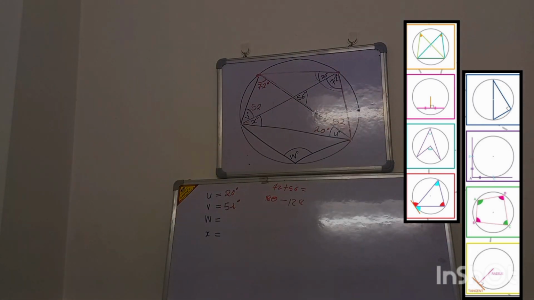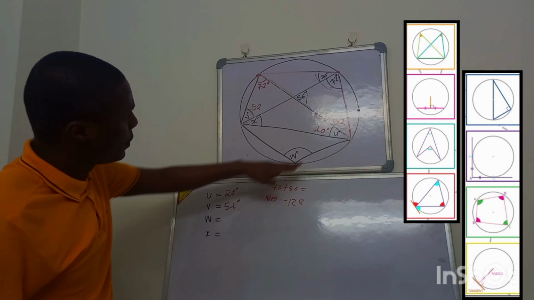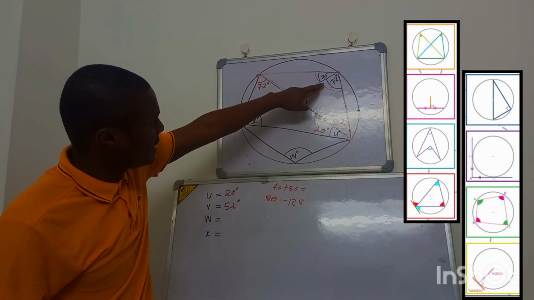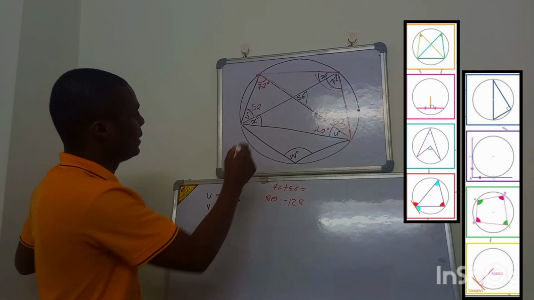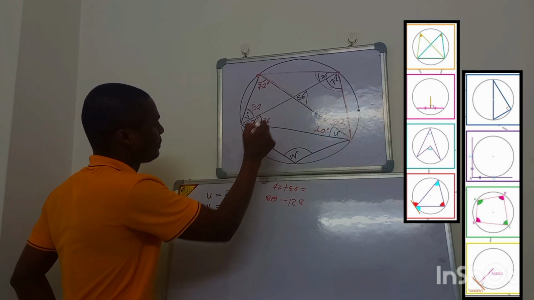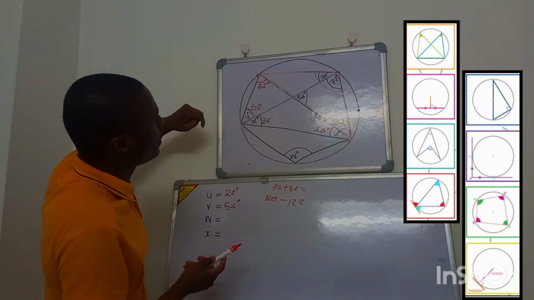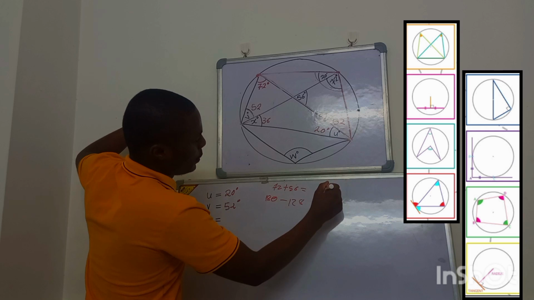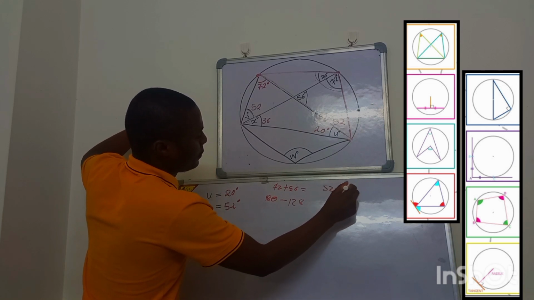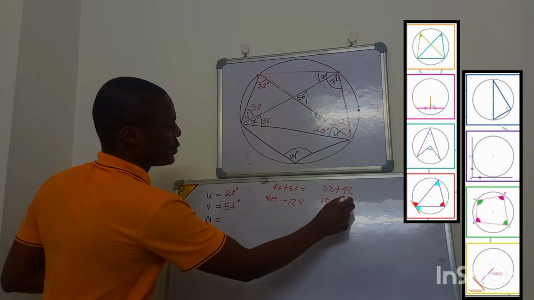Okay. So in that case, we have 52 plus 92, then we subtract from 180. So we are going to get 36 as our x. To get x, 52 plus 92, then we subtract from 180.